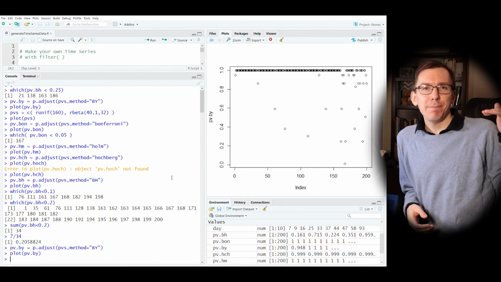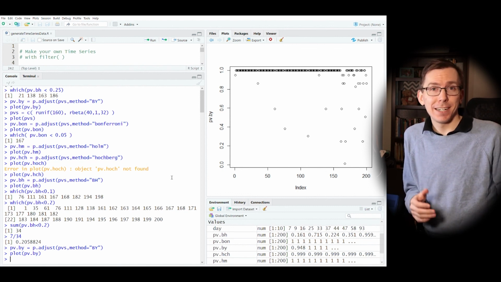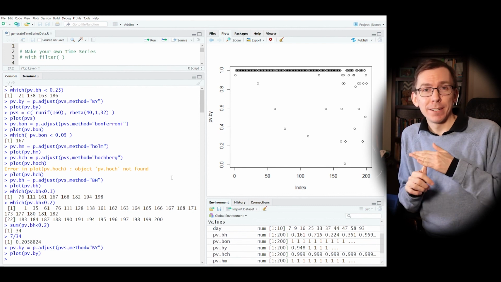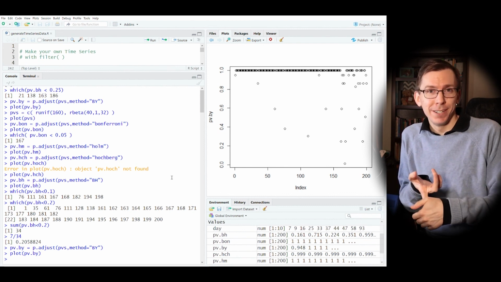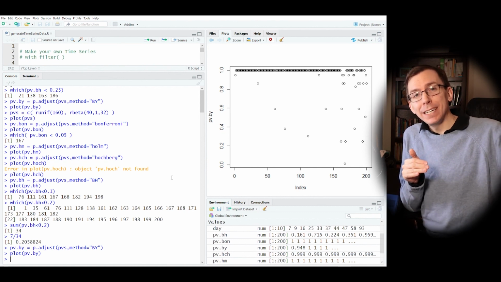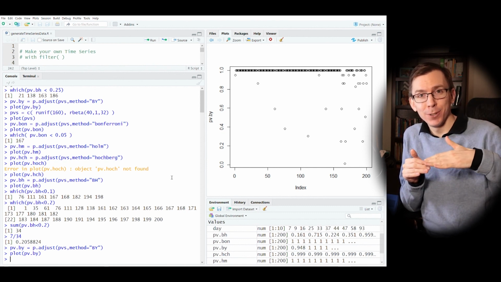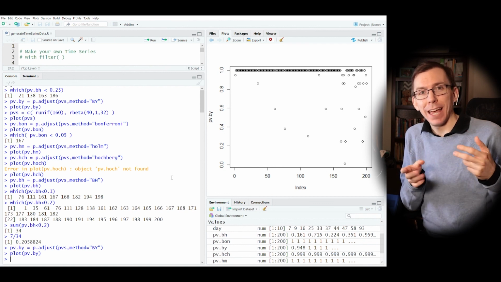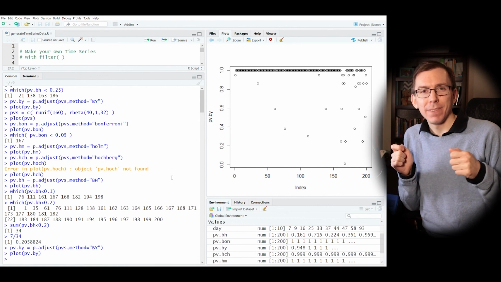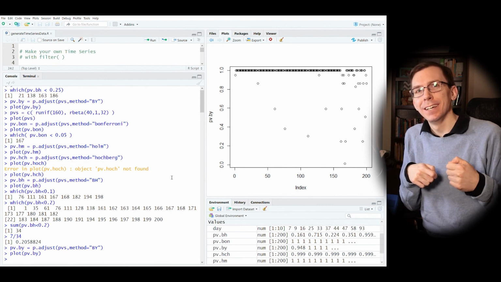So again, the p.adjust function allows you to adjust a collection of p-values. What you do is you use the method you want, you set a threshold, whatever you want it to be, and you say how many p-values after being adjusted fall below that threshold. Those are the ones we reject. And whether you're doing FWER or FDR control, the interpretation of those rejected p-values will be a little bit different.